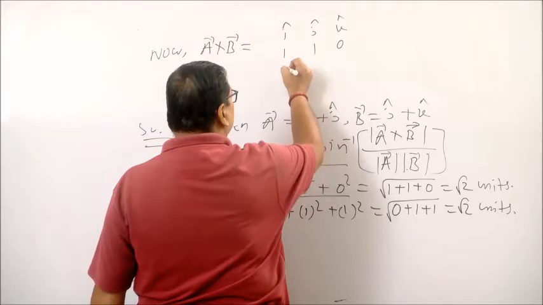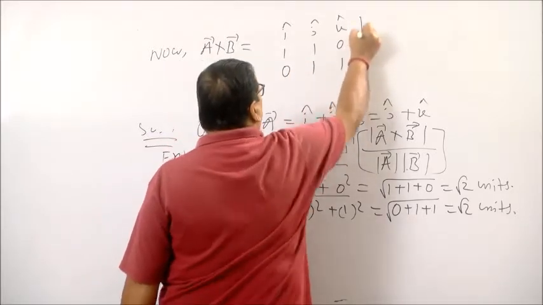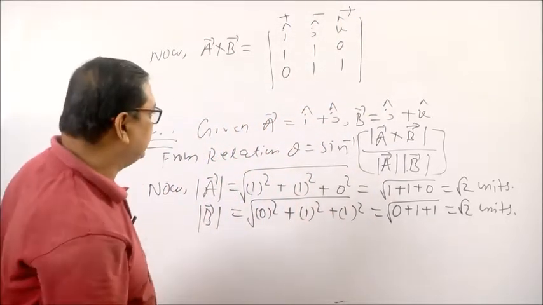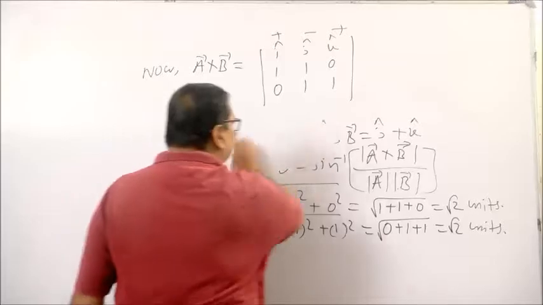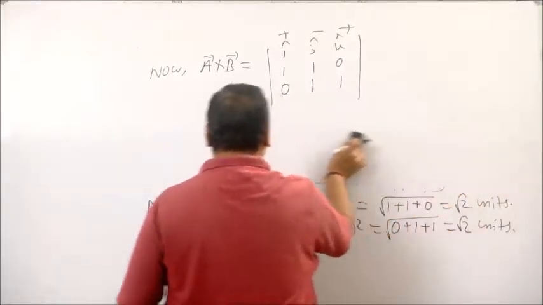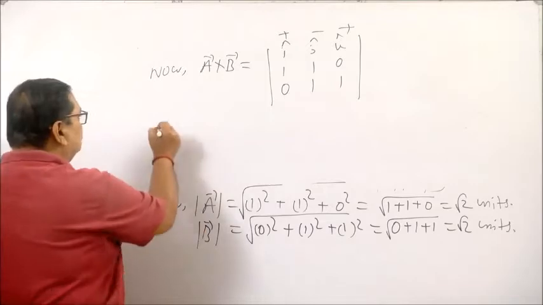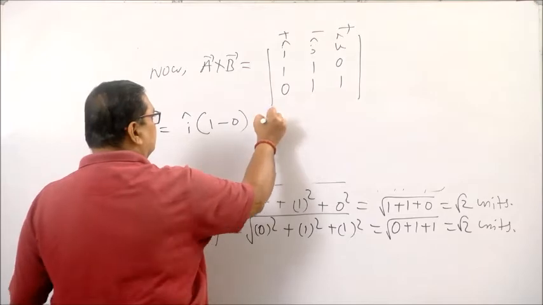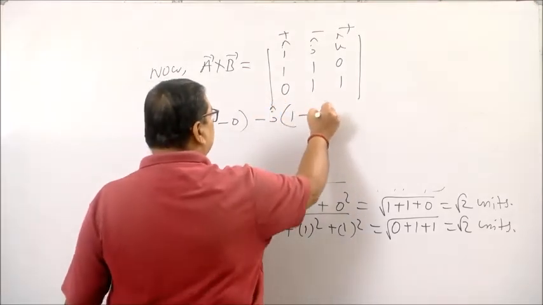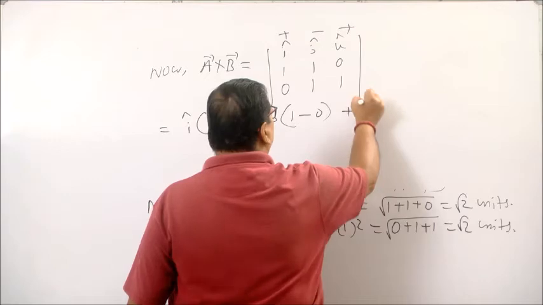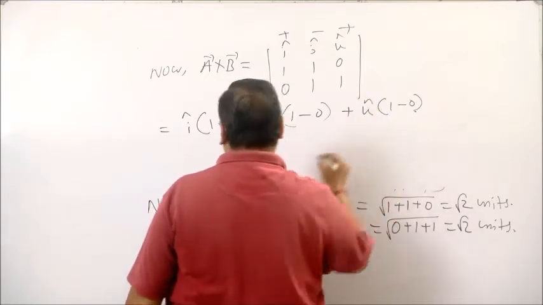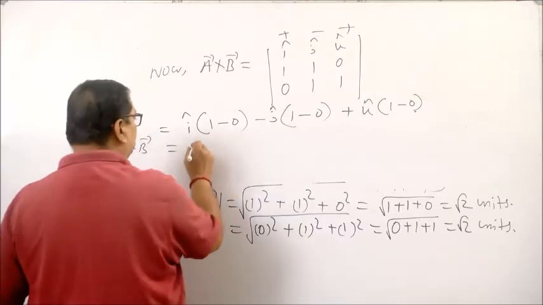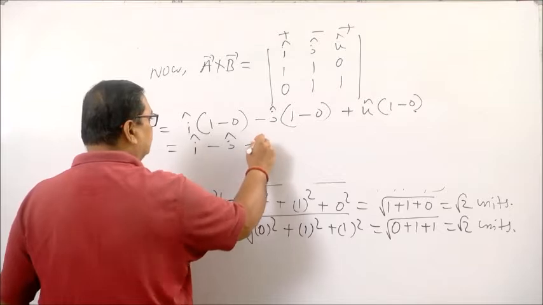Similarly, for vector B, 0, 1, 1. This is the determinant with signs plus, minus, plus. Now we break this determinant to find the value of A cross B. First take i cap, 1 minus 0, then minus j cap, 1 minus 0, plus k cap, 1 minus 0. That means A cross B equals i cap minus j cap plus k cap.